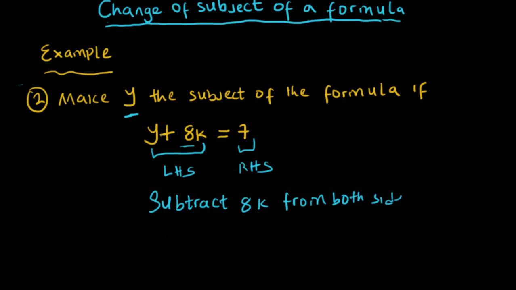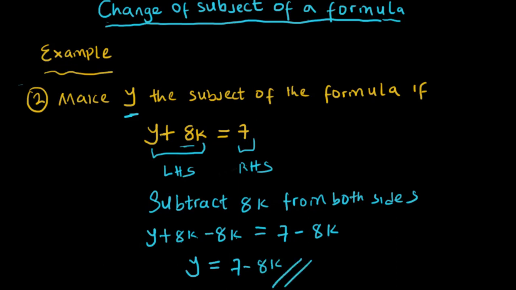Do you understand this? So I'll be having y plus 8k minus 8k equals 7 minus 8k. Plus 8k minus 8k is 0, so I'm left with y equals 7 minus 8k, and this is the answer. This is super simple.